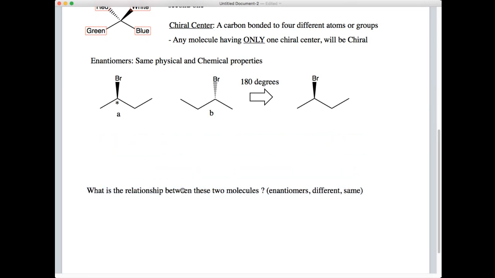So I'm going to draw a different molecule here now. And I'm going to ask another question.